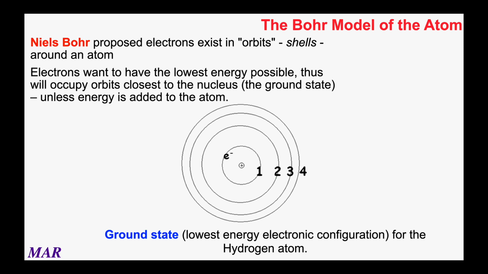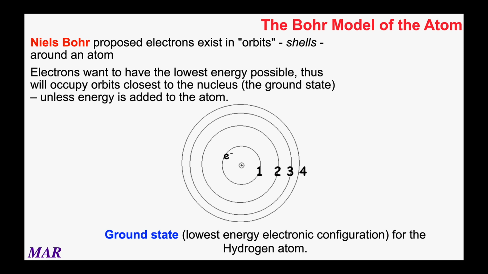So they'd want to be in level 1 first, and then level 2 would be the next best one, level 3 after that, etc. Ground state is the term used for being in the lowest energy possible. And for hydrogen, the ground state, the lowest energy, is if that electron is in the first sphere or orbit.